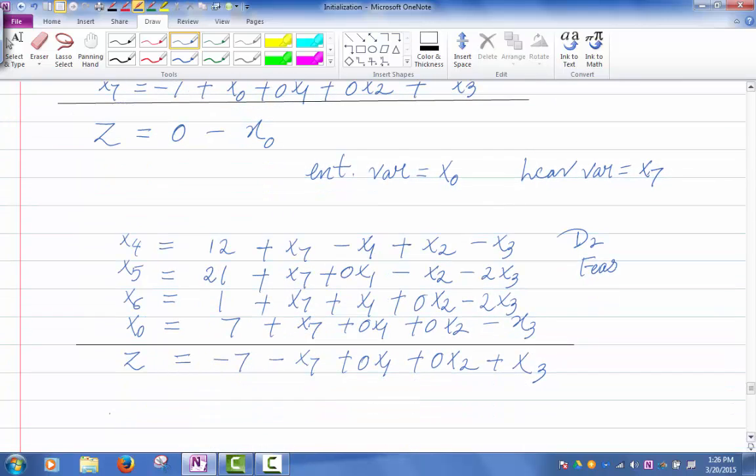Okay, so now what's the leaving and what's the entering variable? Someone tell me now, what should be the entering variable and what should be the leaving variable?